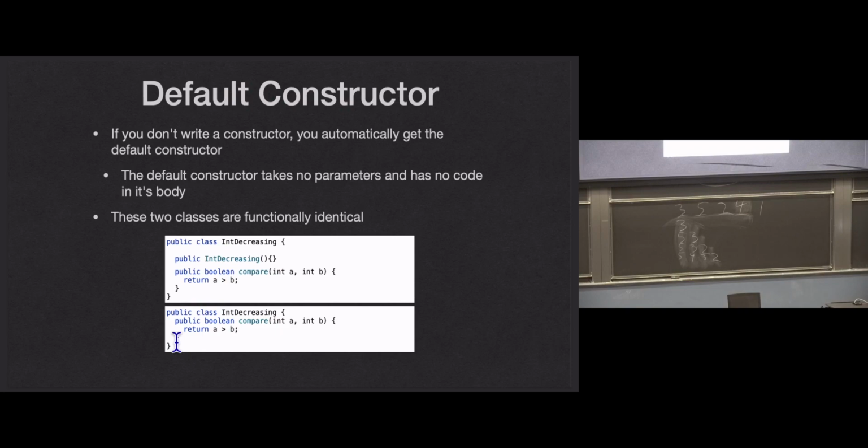So this is the same exact code. This is the default constructor explicitly stated. This is implicit. It's not explicitly anywhere in my code, but this is the same exact code. This class and this class, the default constructor takes no parameters and has no code in the body. That's what we get if we don't specify a constructor. So that constructor is always there. Every single class has a constructor.